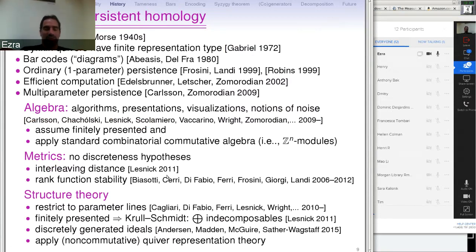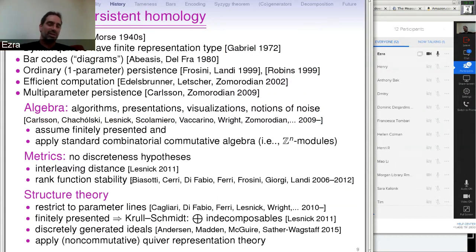For multi-parameter persistence in general, there's going to be no stability, because you have to say what the input means. If you give yourself continuous input, then there's stability in the rank function, but there isn't and shouldn't be stability in the dimensions, because the dimensions can jump around a lot. So you have to define metrics.